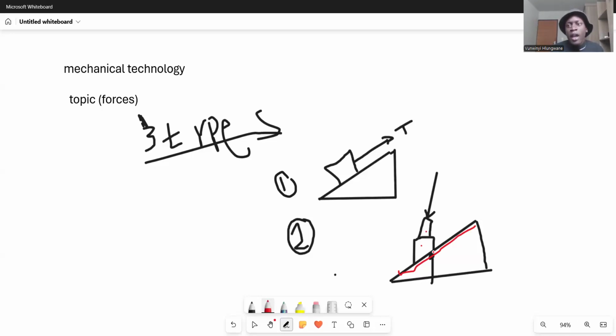They say if body A exerts a force on body B, that means body B will also exert a force on body A. But mark the words, in a different direction. That means this object is exerting a force downwards.